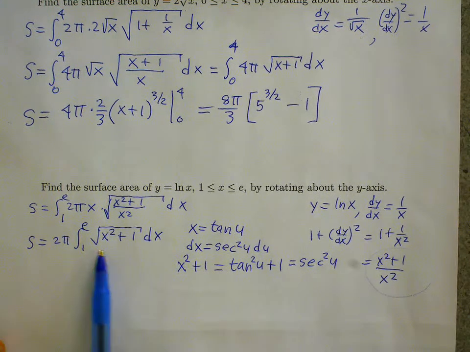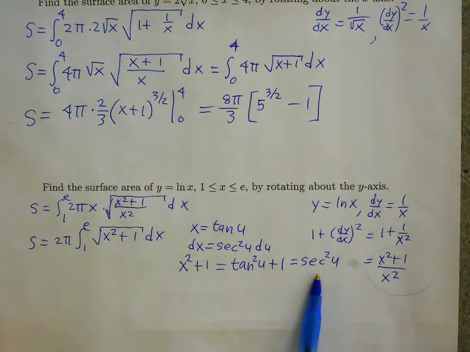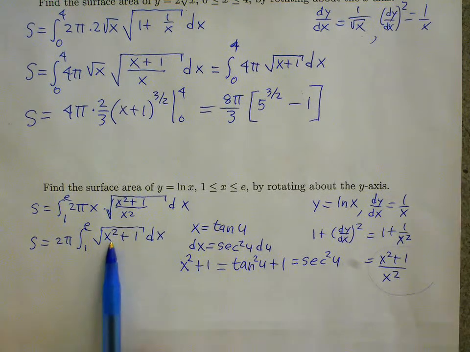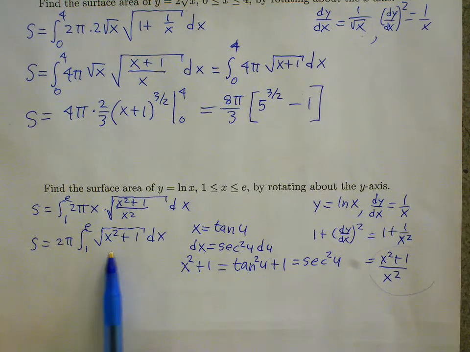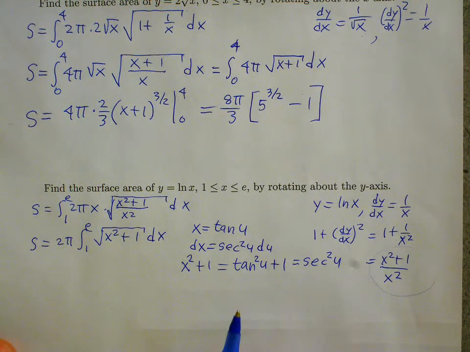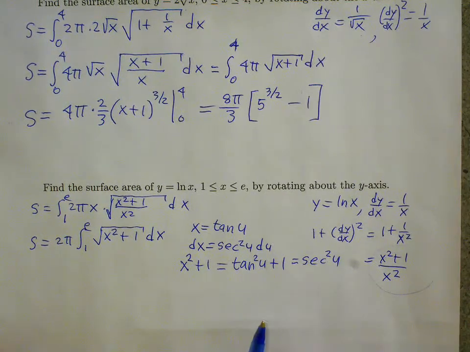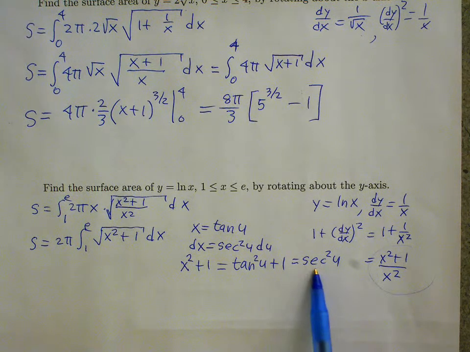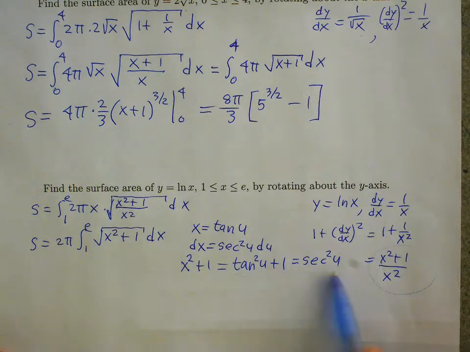And then when we take the square root of secant of u squared, this will become secant of u, right? Do you want me to write it down, or could you see that? That's the trig identity, right? The tangent squared turns into secant. Yeah, tangent of u squared plus 1 is equal to secant of u squared. That's one of the Pythagorean identities.